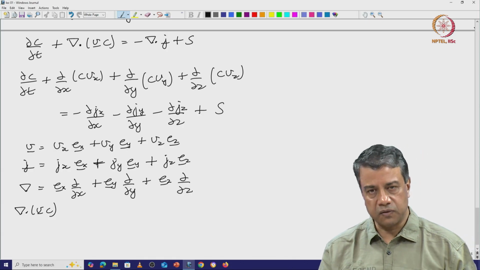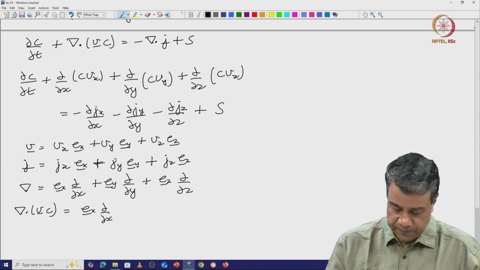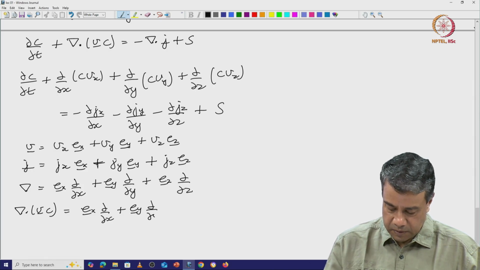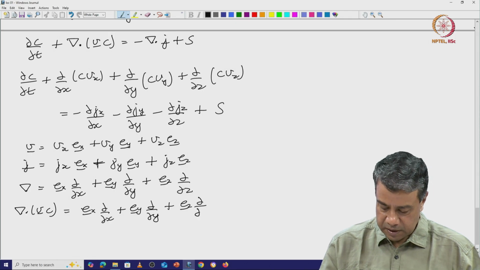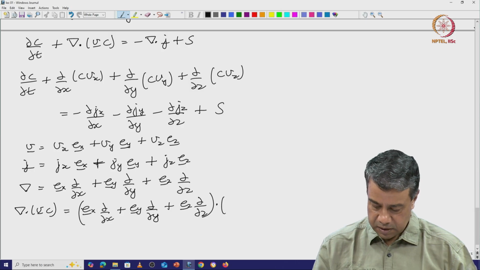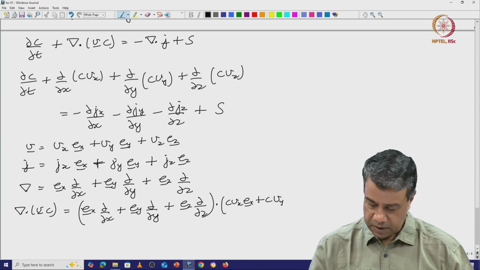the dot product of 2 vectors should be a scalar. This is equal to Ex d by dx plus Ey d by dy plus Ez d by dz, dotted with C Vx Ex plus C Vy Ey plus C Vz Ez.